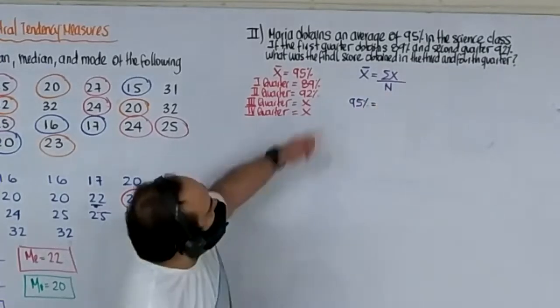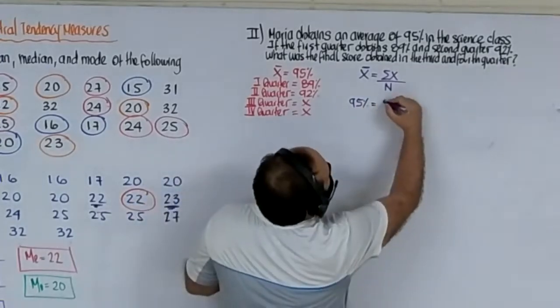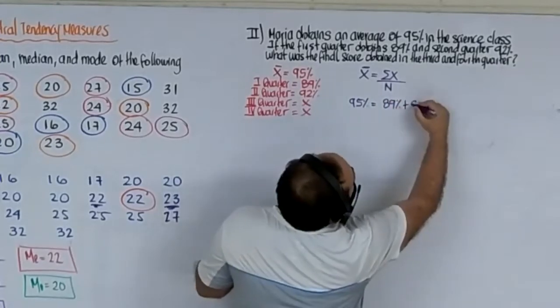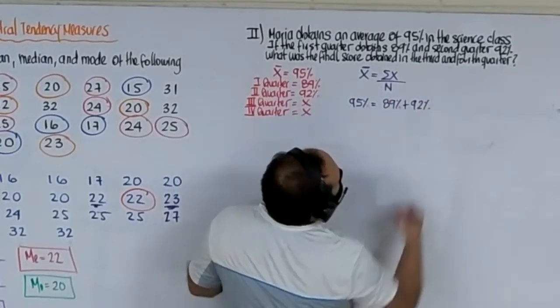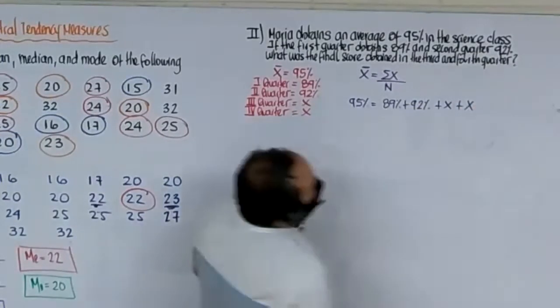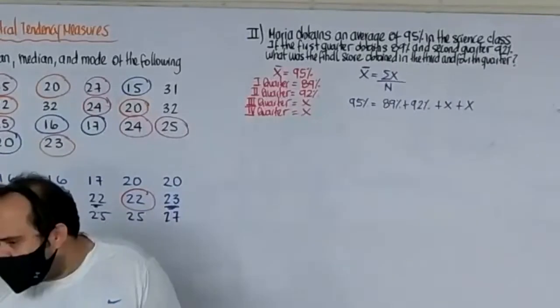The first quarter was 89. The second one, 92. The third and fourth ones will be X and X, right?